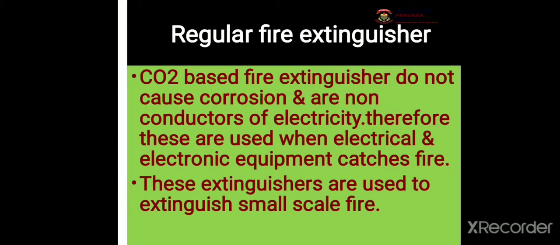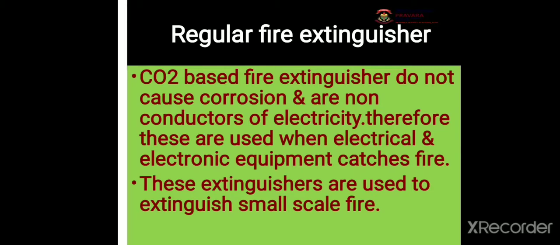In modern fire extinguishers, liquid and solid CO2 is filled under pressure. On reducing the pressure, it becomes gaseous and comes out forcefully through the horn-like hose pipe.